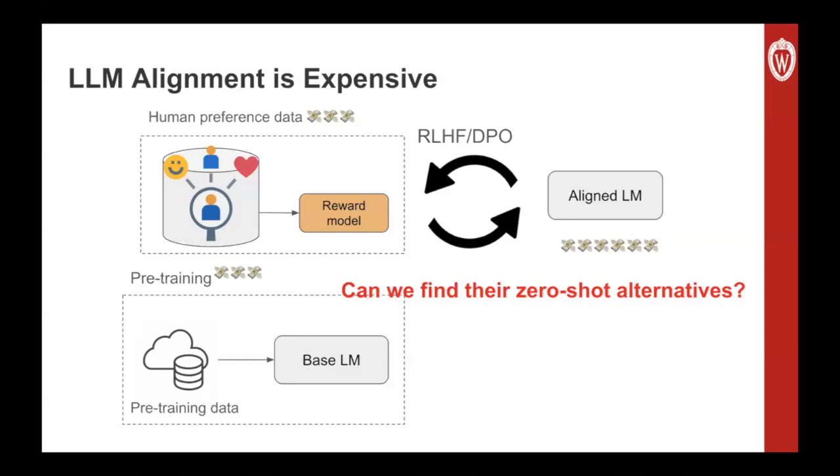So you will need human annotators, and getting the human preference data is pretty expensive. On top of that, you also have to do some fancier version of fine-tuning, RLHF or DPO, where we have to train a reward model, and then train the base LLM using a reinforcement learning objective function.